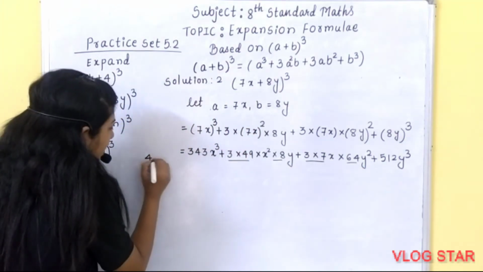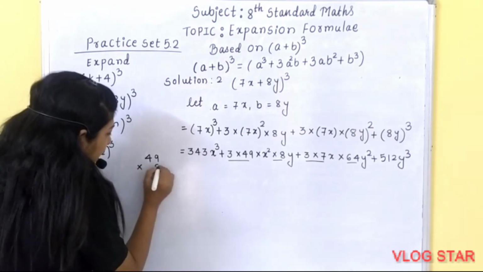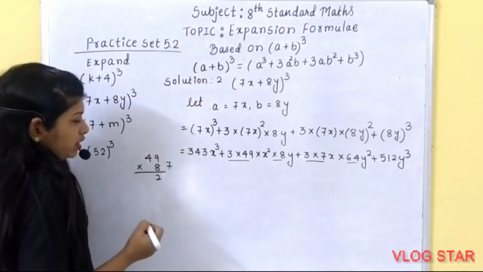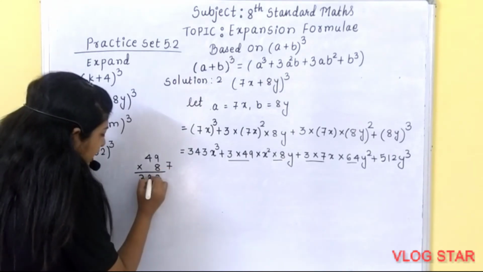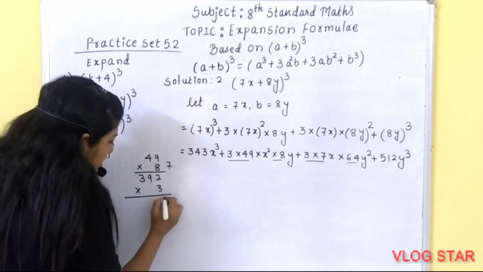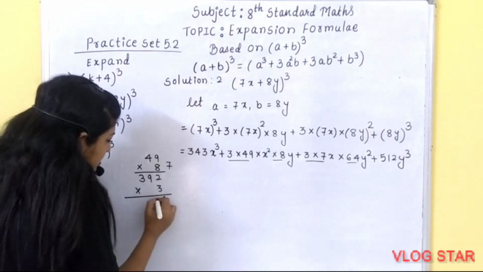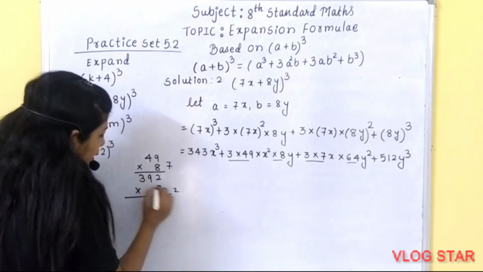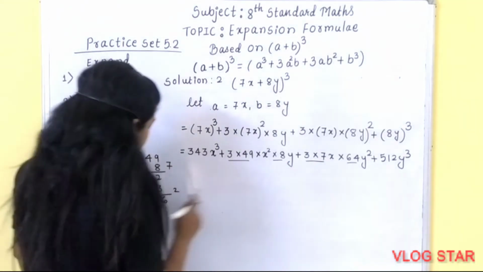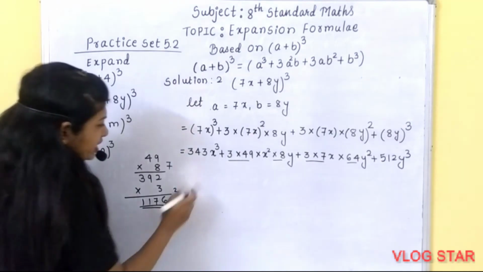What will you get? 49 into 8. 8 nines are 72, 8 fours are 32 plus 7 is 392 into 3. So here the answer is 3 twos are 6, 9 threes are 27, 3 threes are 9 plus 2 is 11. So here the answer is 1176.